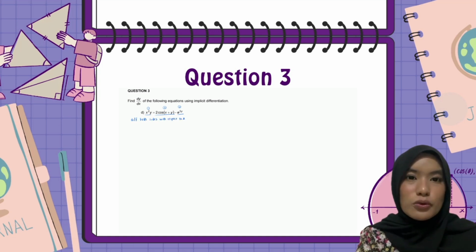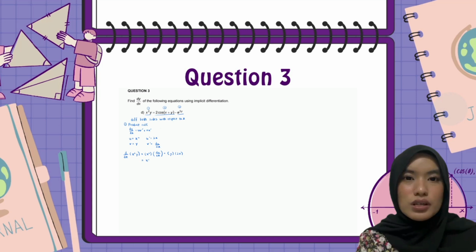First, use the product rule for the left side: u v prime plus v u prime. U equals x squared, u prime equals 2x, v equals y, v prime equals dy over dx. Derivative of x squared y equals x squared times dy over dx plus y times 2x, which equals x squared dy over dx plus 2xy.